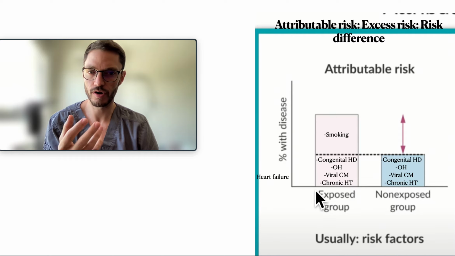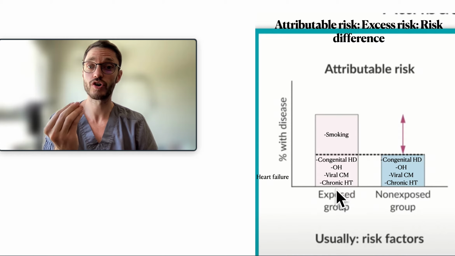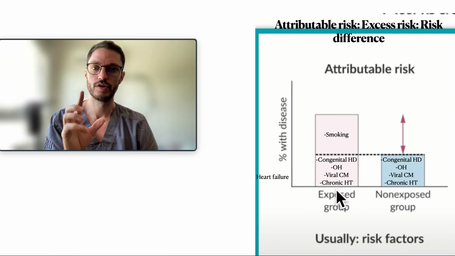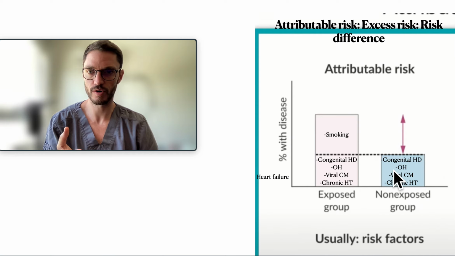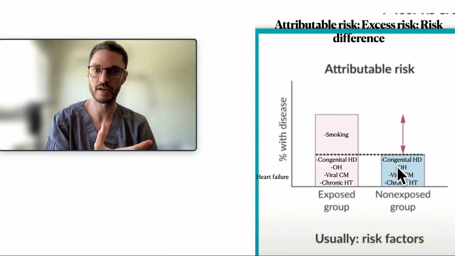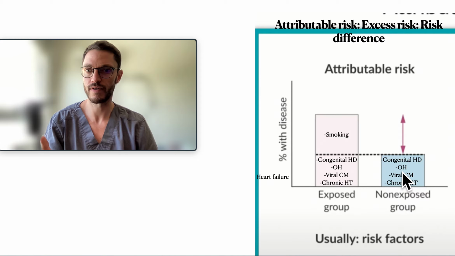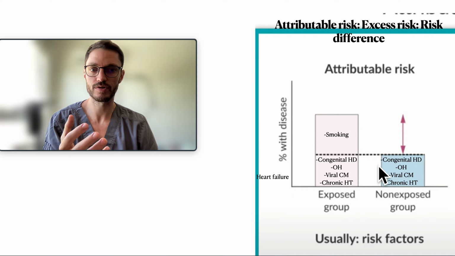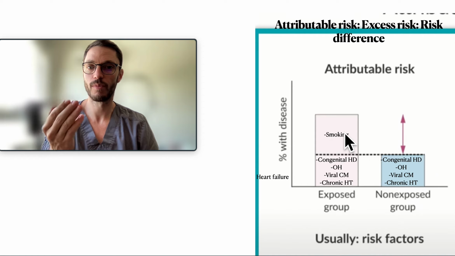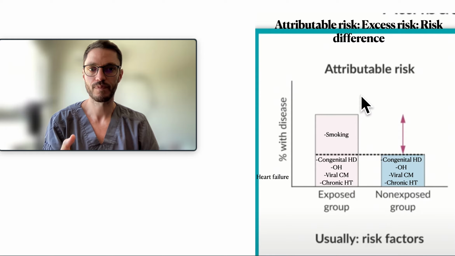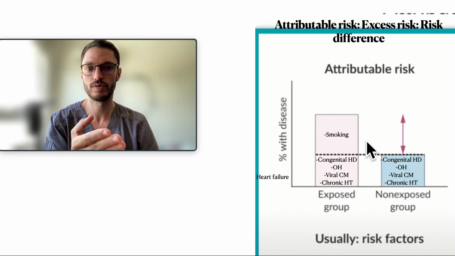Why is this group called the exposed group? Because you searched one specific variable to define as the exposure. Of course, these other things are exposures, but you didn't make the study in order to search for these other variables, so these other variables balance out. What you have is the exposure right here generating more incidence. So how can you define how much of this heart failure is actually attributed to smoking, or the exposure?